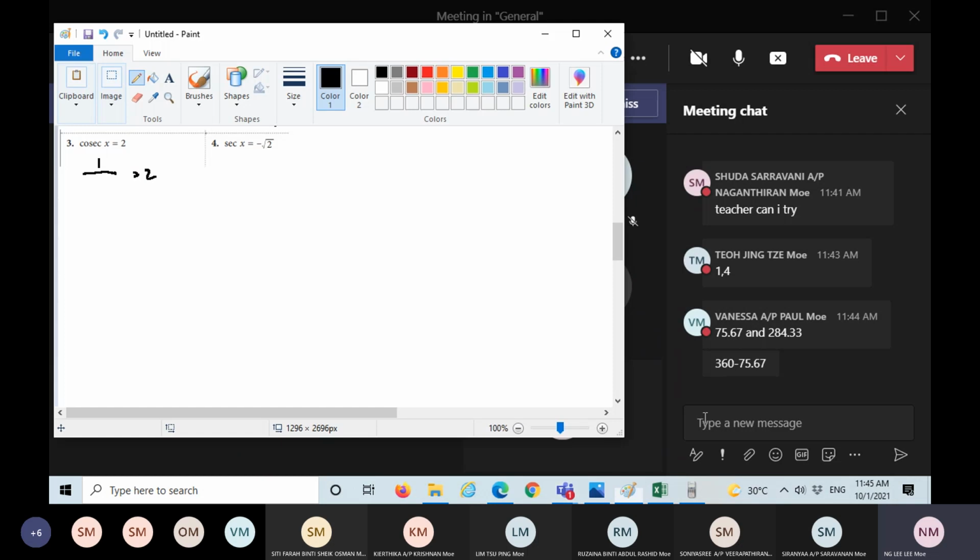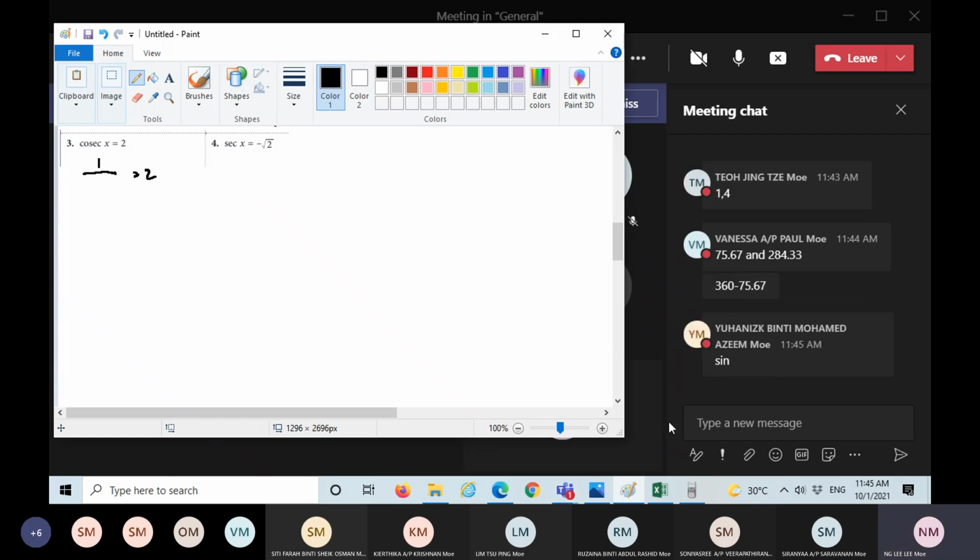Sine x. Very good. Therefore, if I do this way, 2 sine x is equal to 1. Therefore, sine x is equal to 1 over 2. Next, continue. What is the alpha?